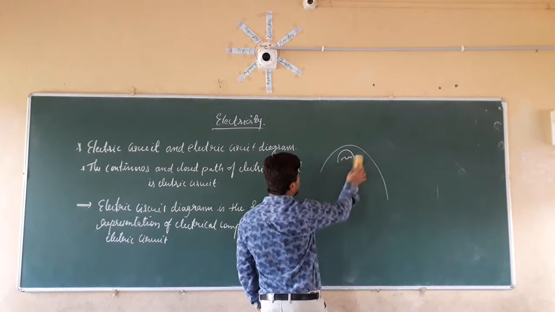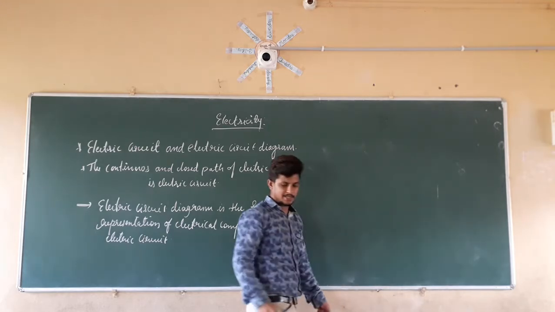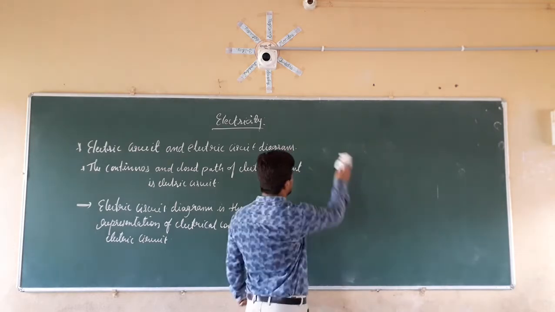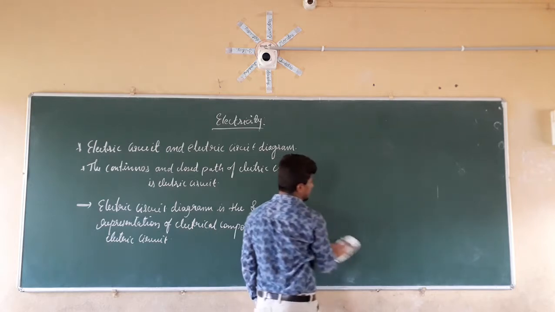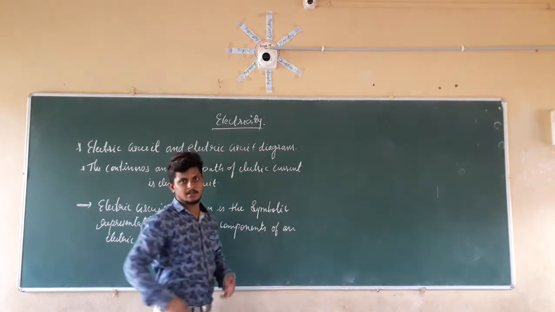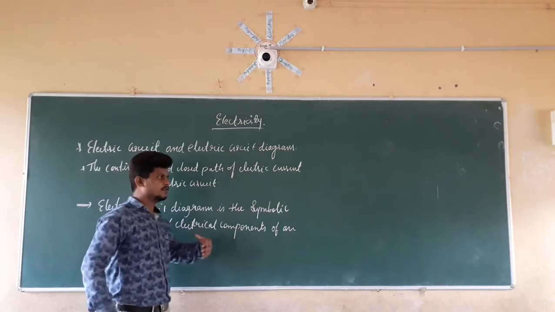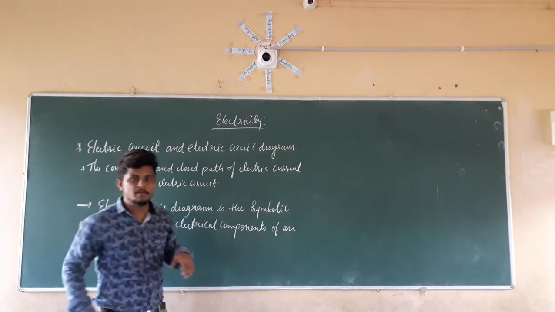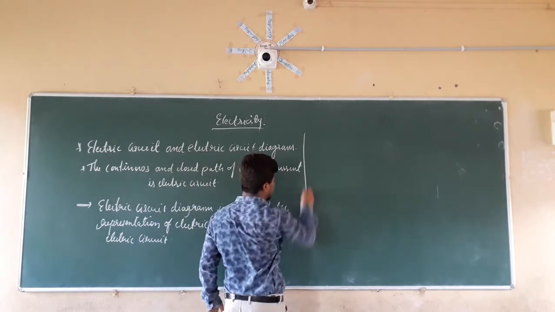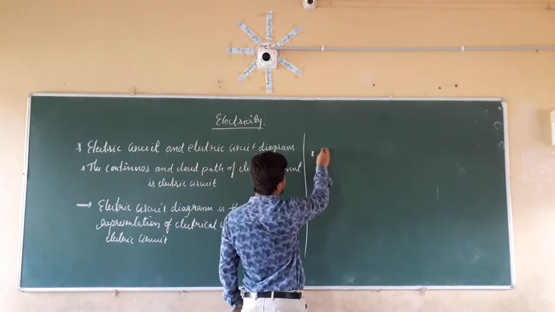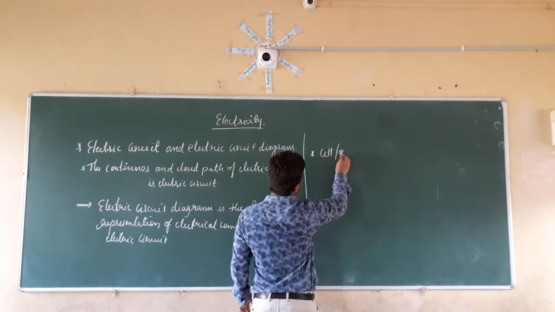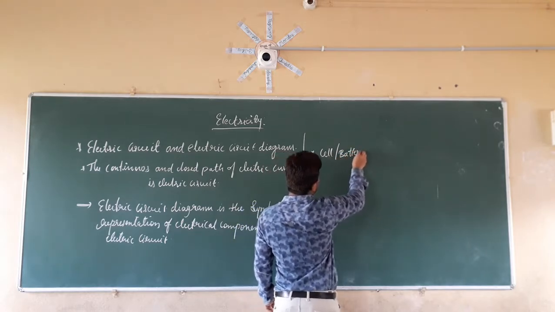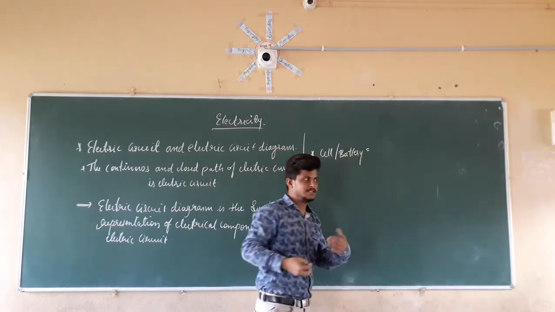So which are those symbols we are going to use for the different types of electrical components? If you take the source of energy which is going to give us electricity, it is a cell or a battery. These are the source of the potential energy that is going to give us the charge.